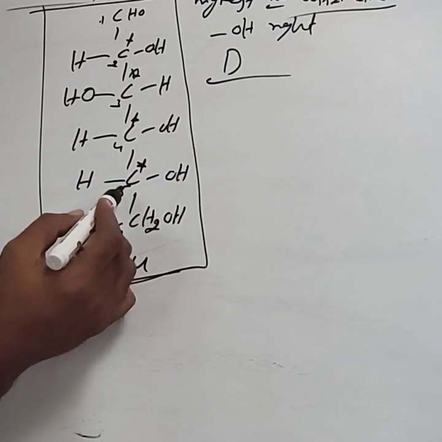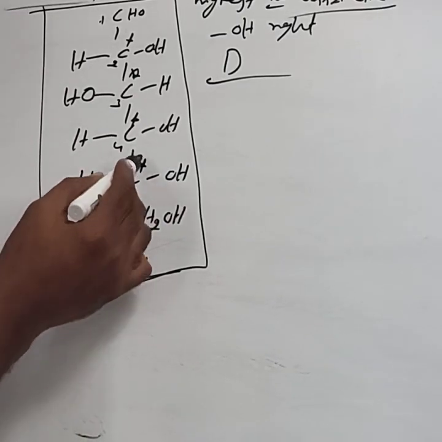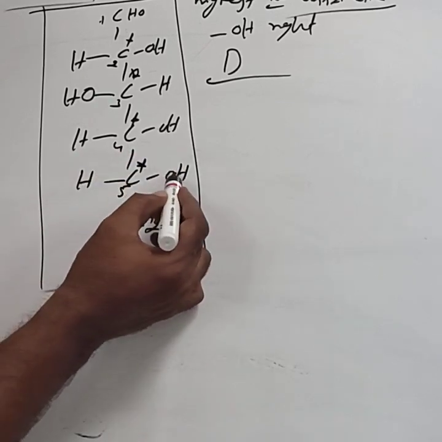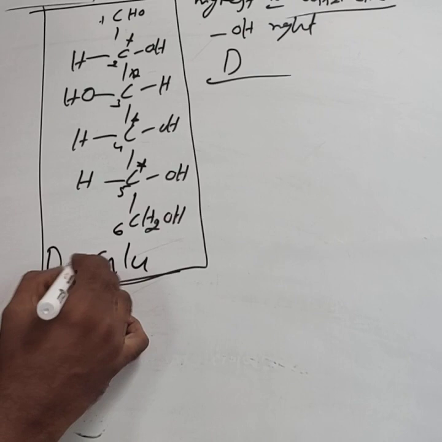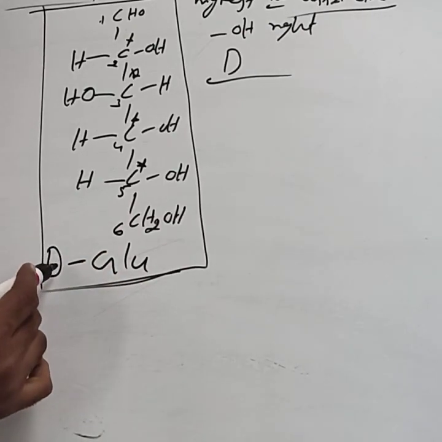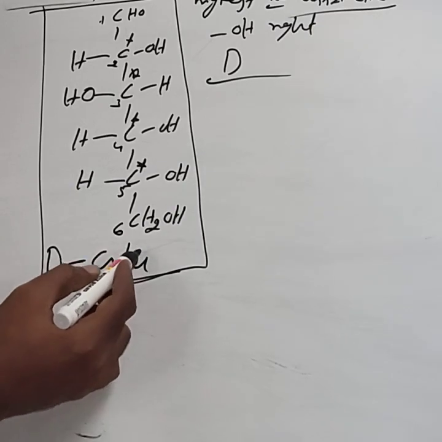The fifth carbon atom is the highest asymmetric carbon. You observe that on the highest asymmetric carbon, the OH is on the right hand side. Hence it is called D-glucose. You have to write capital D before the name of the monosaccharide, before the name of the sugar.